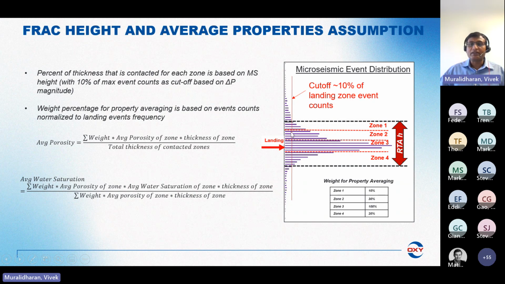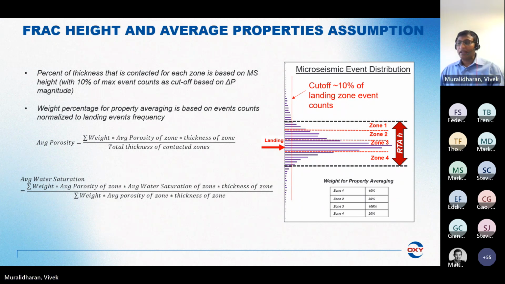The resultant height after you put the cutoff is what we should be expecting to enter as the RTA height. If you don't have this fracture height captured right, you can still, if you want to match the depletion or the interference, adjust your height to a much smaller one and have a bigger XF, but you would have a problem when you do that in the multi-stack development, because you're going to be seeing interference in the vertical and also the horizontal direction.